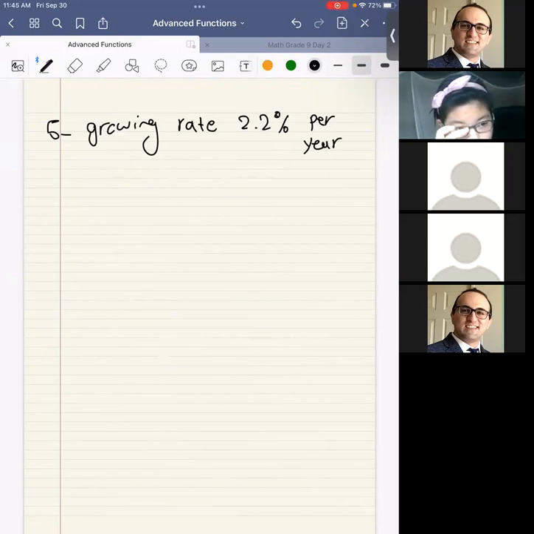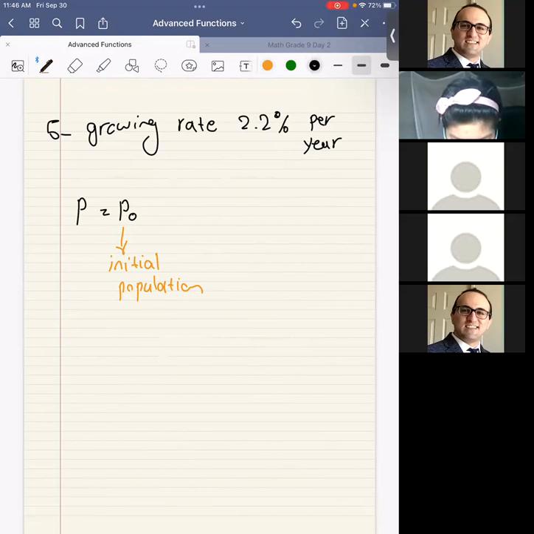We know that the exponential model for any quantity like population is this: P is equal to the initial population. I will call it P0. P0 means initial population. Here, for example, the initial population is the population in 2007, like 33 million, okay? Anyway, the equation is P0 times e to the power kt.